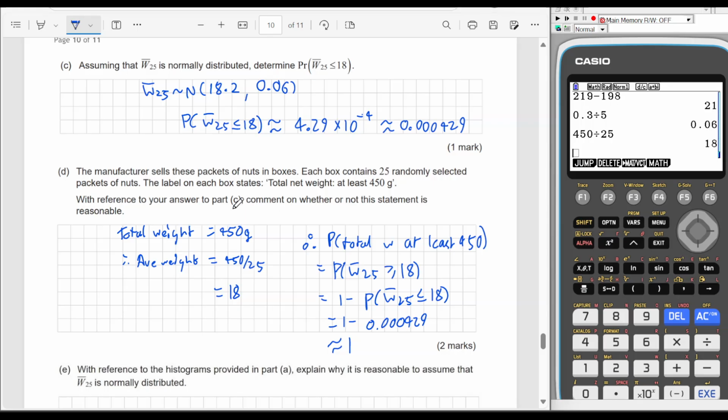Okay, now that's sort of, I'm assuming, the method that would be intended here. But this is using the answer from C.